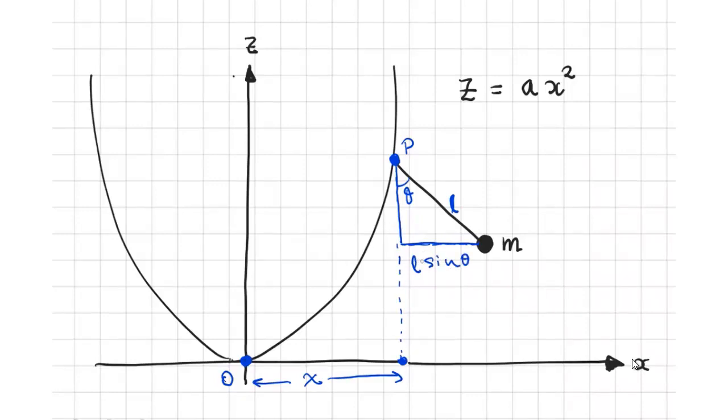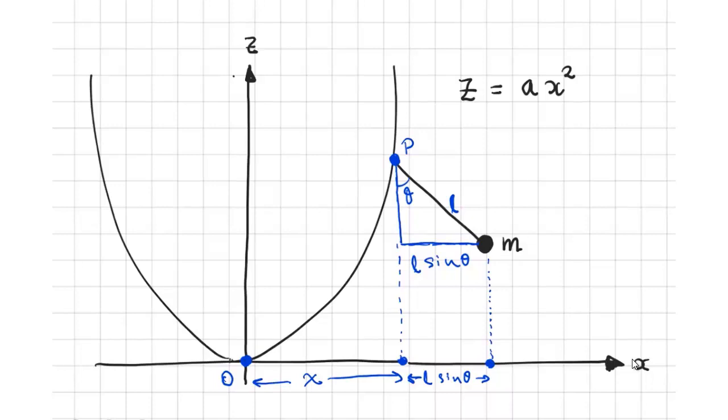This is the opposite side. So this distance between this point and this point, that is the projection of the position of the mass on the x-axis, is L sine of theta.